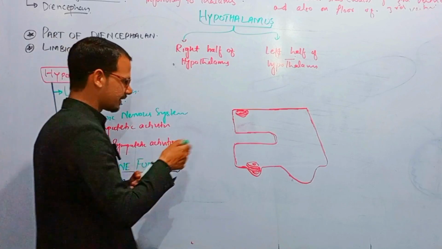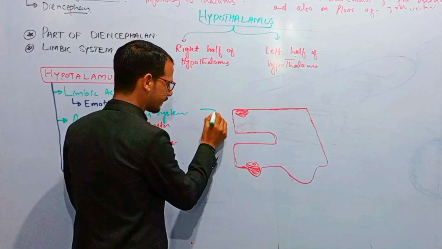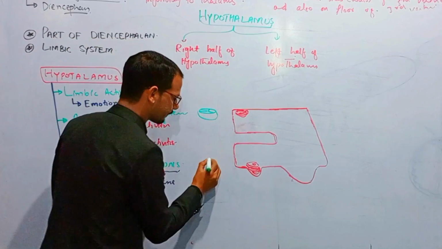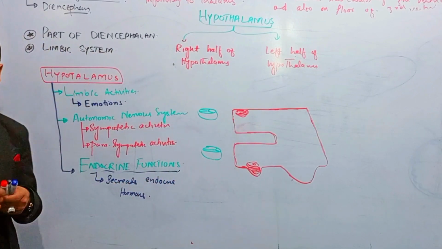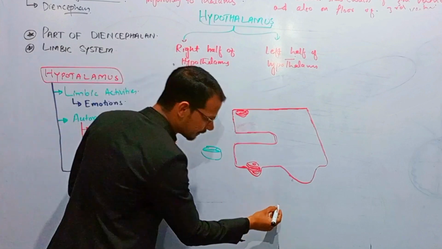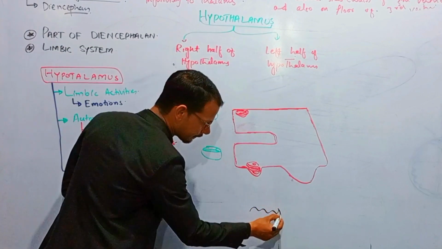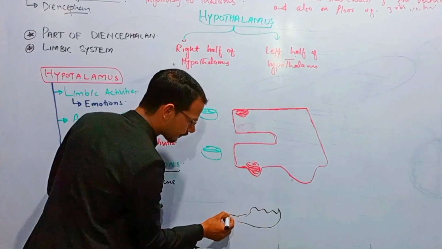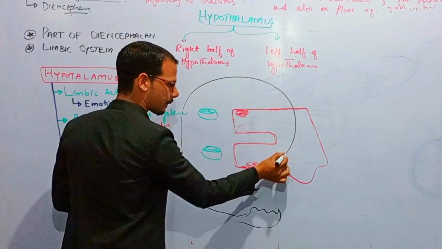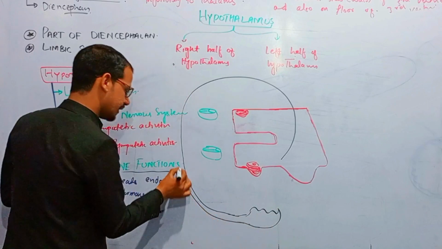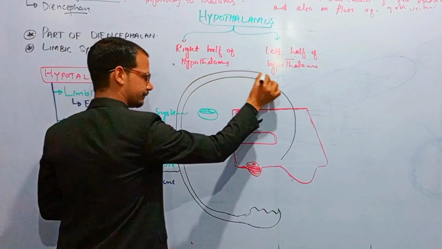Now we have some tracts entering this hypothalamus. We have thalami here. These are the thalami. From here we have a sheet of white matter.